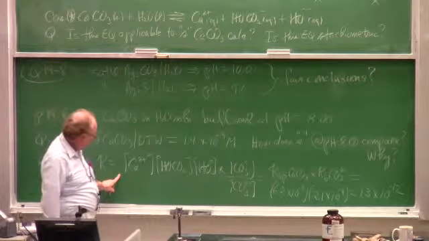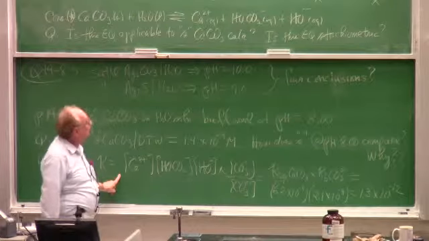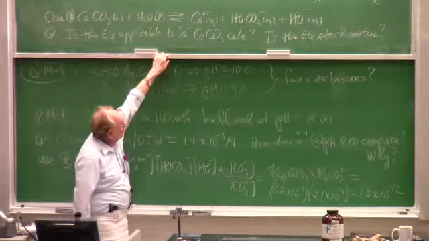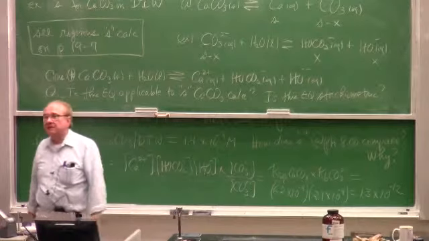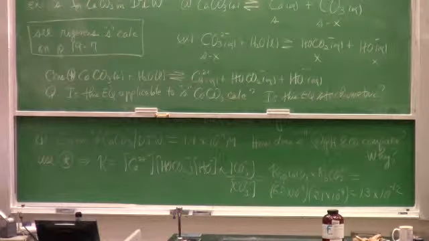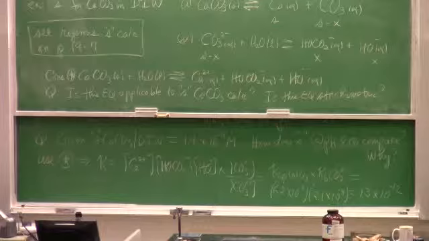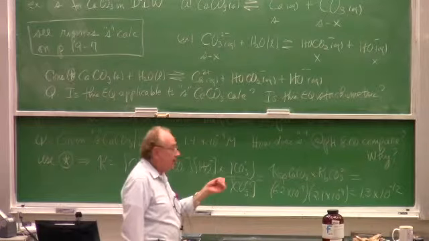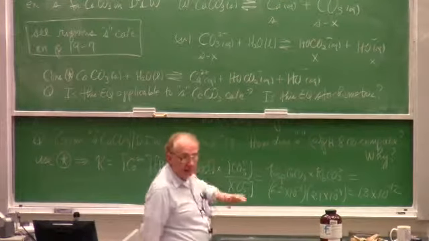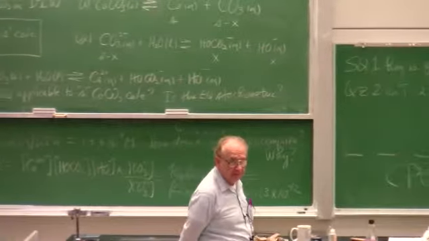here's the K expression. To evaluate this K expression, I go back to the equilibrium reaction. Here it is. And I let this thing talk to me. I want to know, what are the fundamental equilibrium constants of which this reaction is composed?